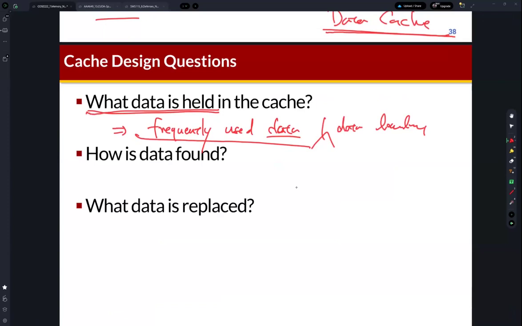What data is held in the cache? Frequently used data. So how is data found? How can you know that this is the data we want to use? How can we identify data? How can I identify you?